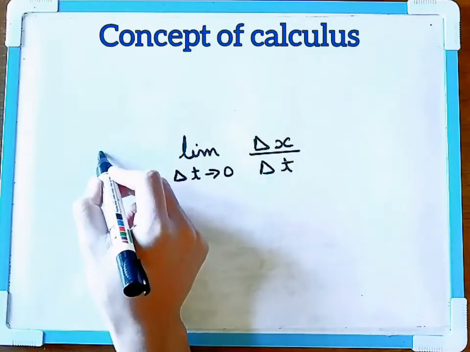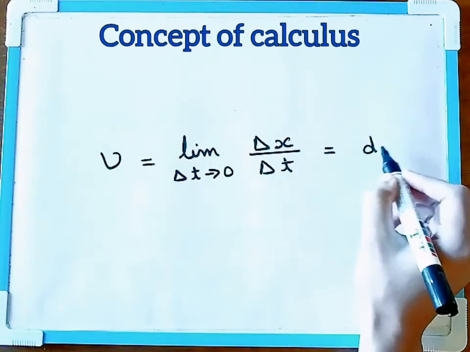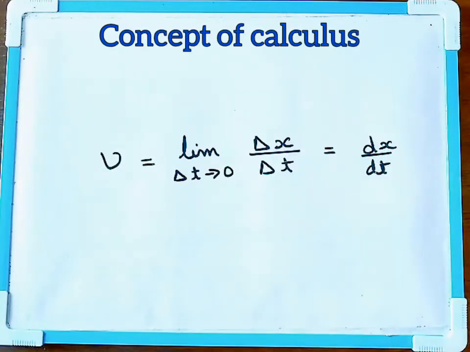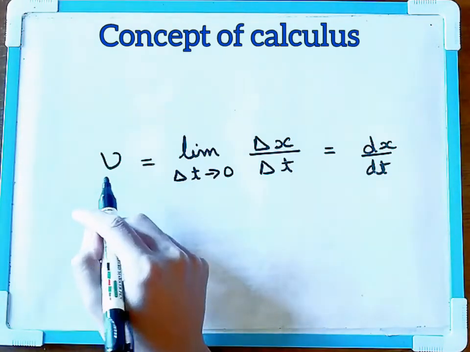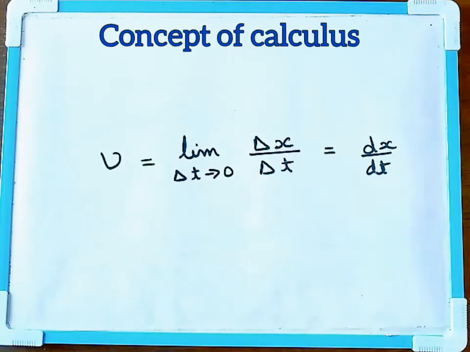So this is the instantaneous velocity, and this is equal to d/dt of x. So this method is known as differential calculus. We have the instantaneous velocity equal to dx by dt.